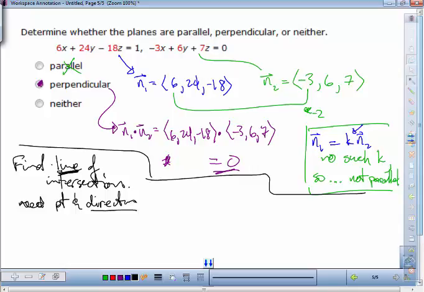So the direction, I think we can find the direction vector by just crossing the two normal vectors, right? So N1 cross N2. I guess we should have done this earlier, so we would have gotten the answer. But let's take the cross product.